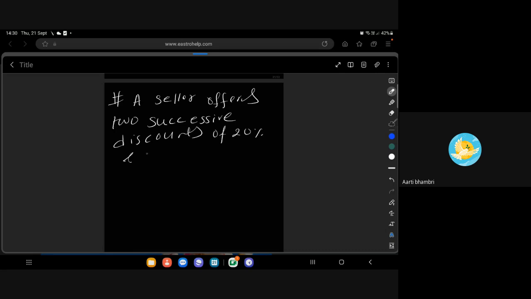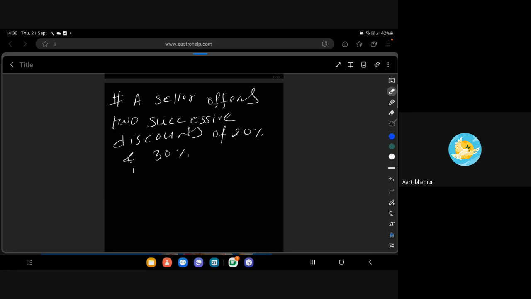A seller offers two successive discounts of 20% and 30%.